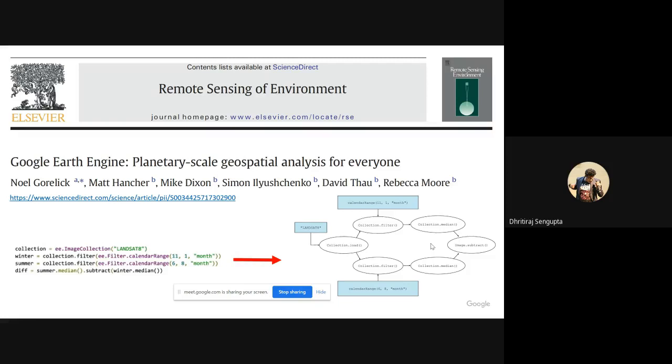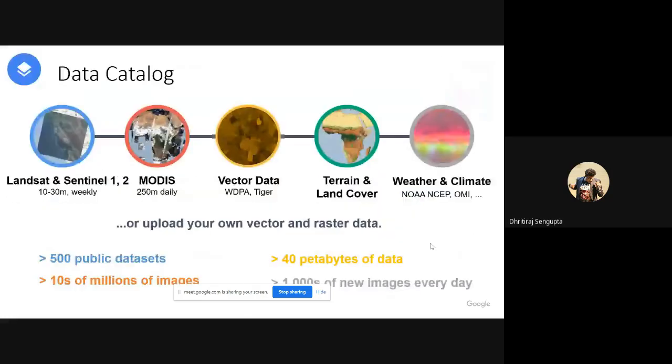What Google is doing is downloading the data from the websites of NASA, Space, ISRO, and putting it up in their cloud, and they're giving you a simple API using JavaScript or Python so that we can just do our calculation using a few lines of code. And their data catalog is huge. It's getting more and more every day.